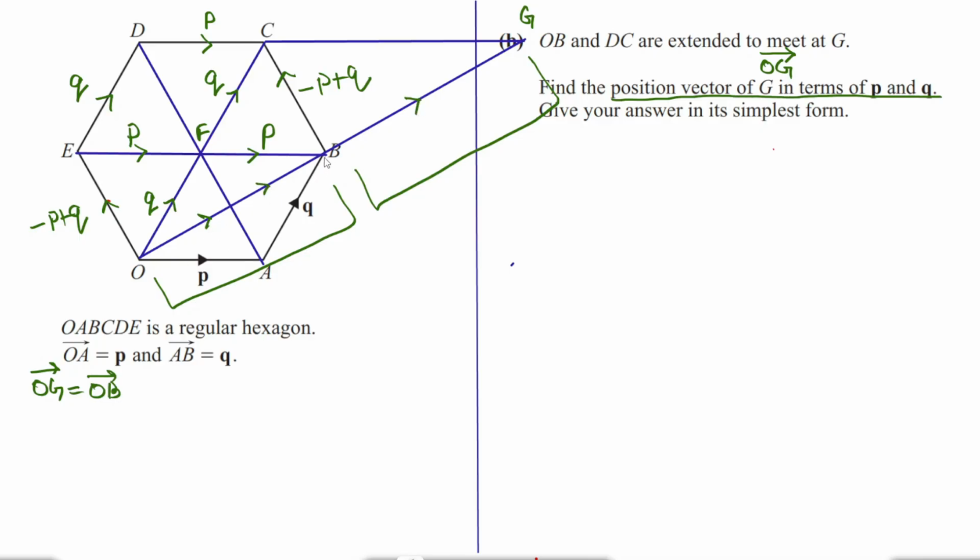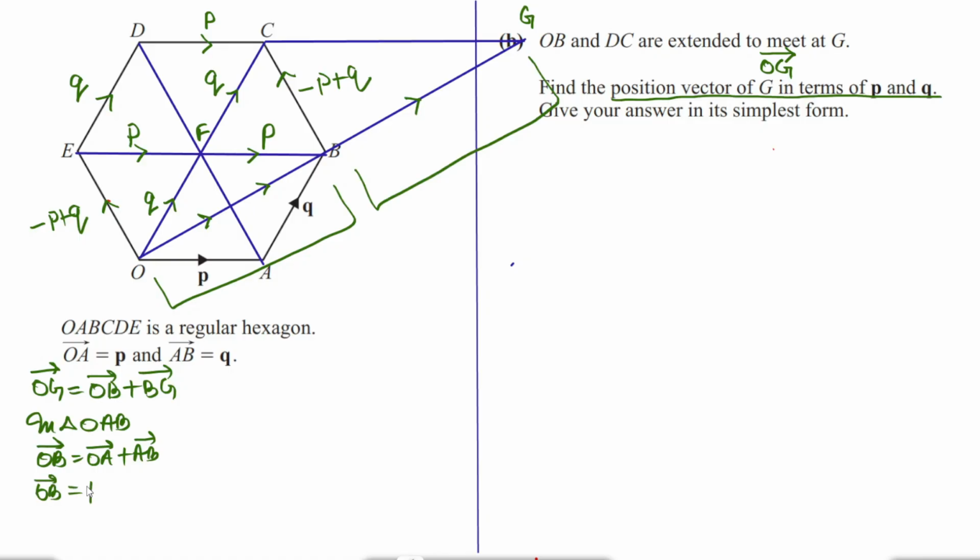OB plus BG, that is our fundamental requirement. And students always find OB because OB lies in triangle OAB. We can find that the OB vector could be written as OA plus AB. So in that way, the OB vector is found.